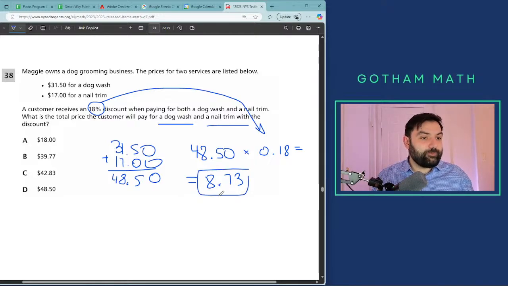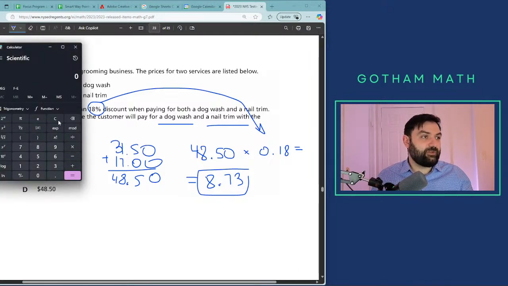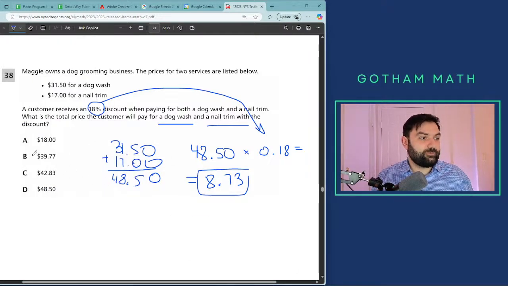And if you're rushing, you just need to look at the answers and understand that it's going to be 39.77, right? Because 48 minus 8 and change, it has to be 39. If you're not rushing, then just do it on a calculator. It depends on how much time you have. Moving on.